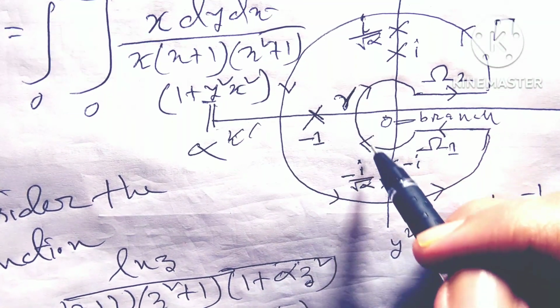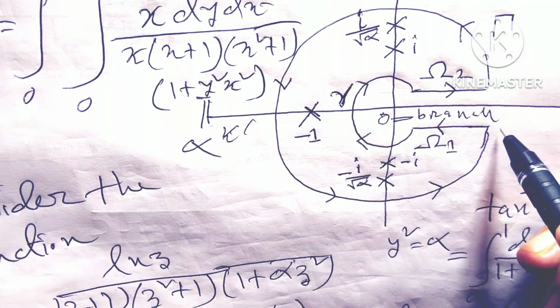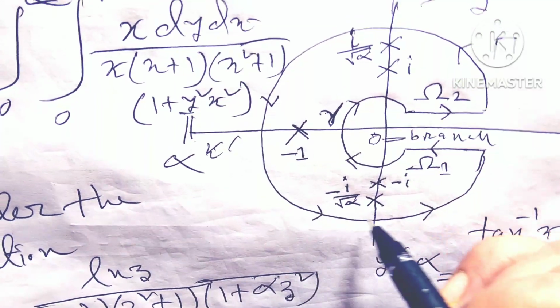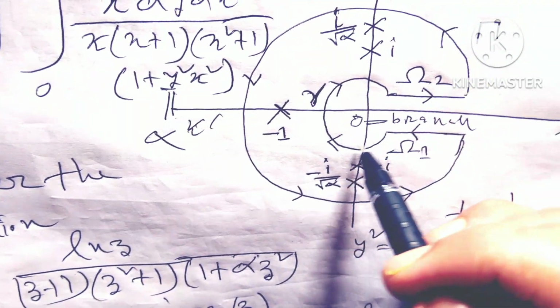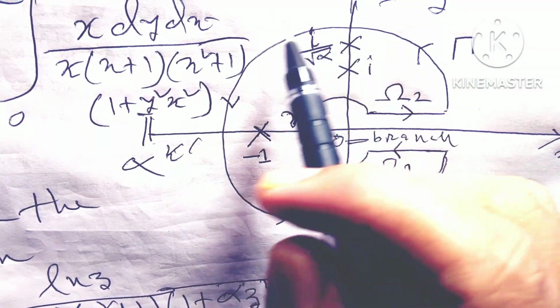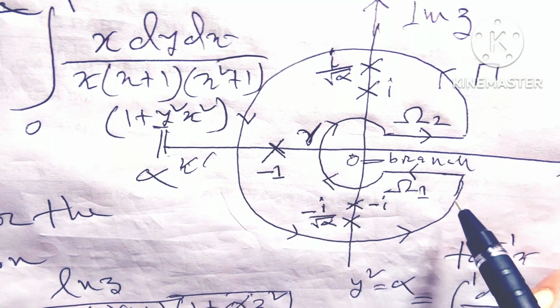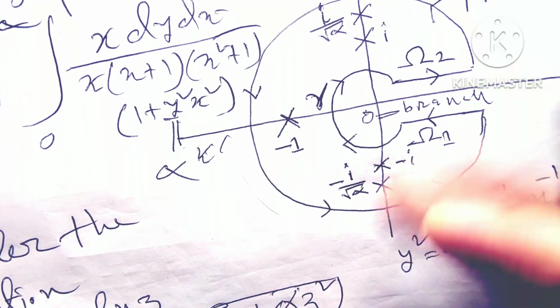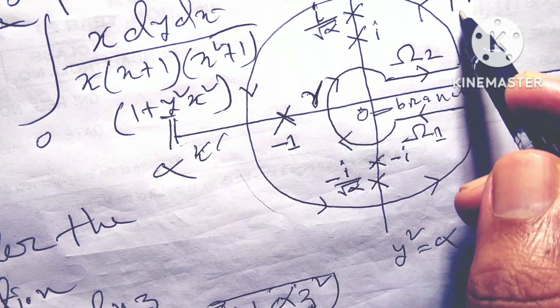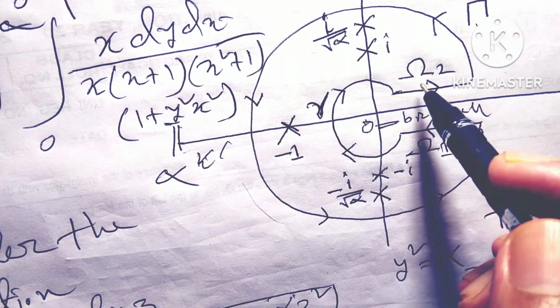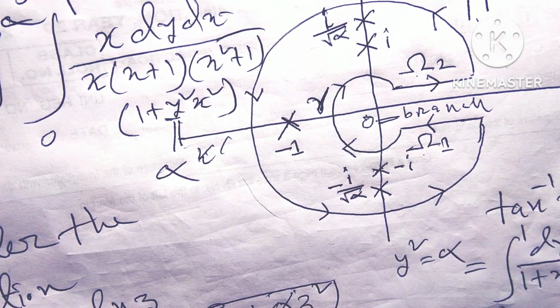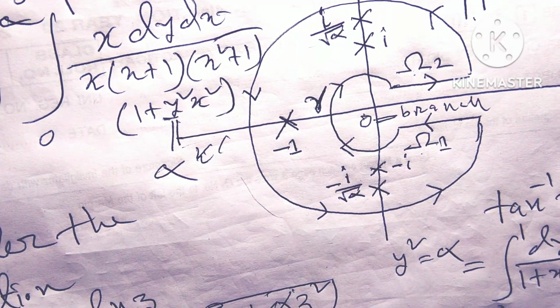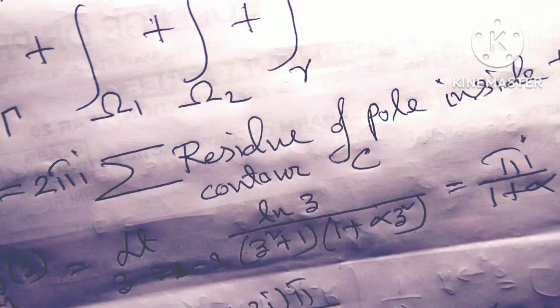So I cut this point, so the circle avoids 0. So this is my branch cut diagram. I hope it is clear. And this is the path gamma, the small gamma, capital gamma, omega 2, omega 1. Okay, now let's start to discuss this portion.